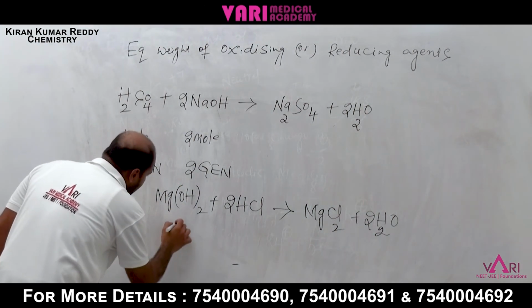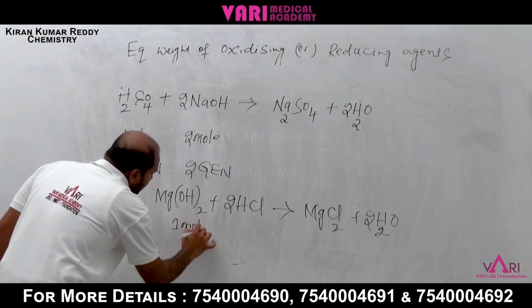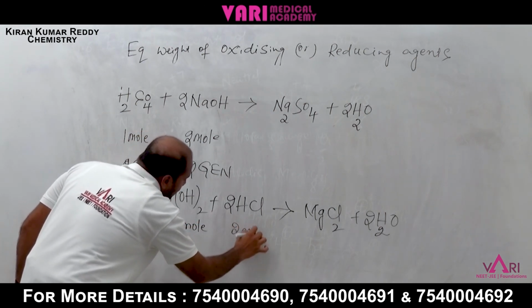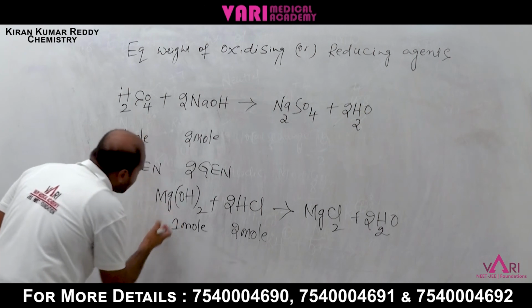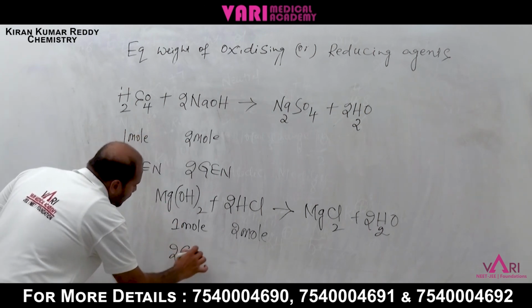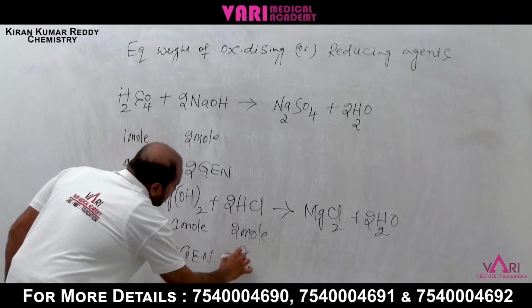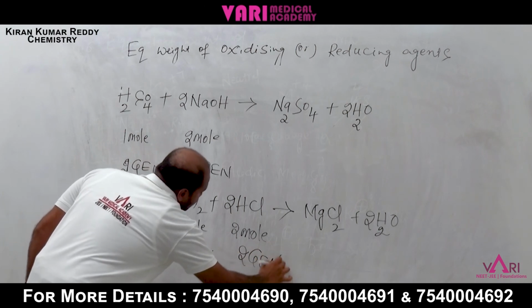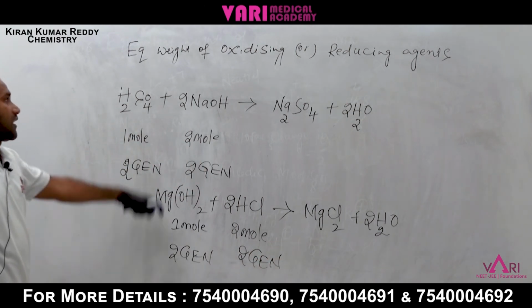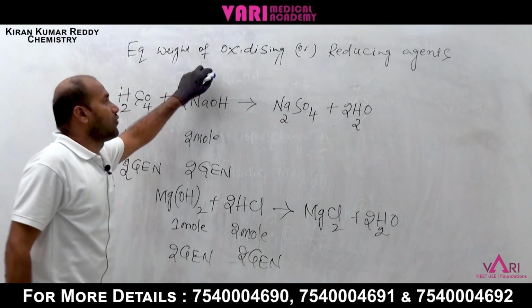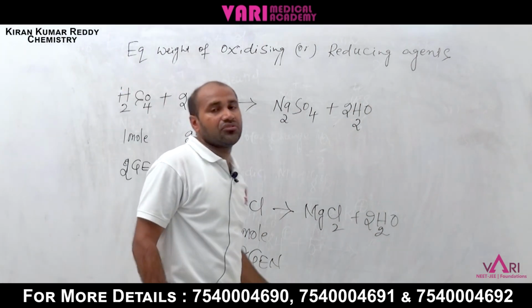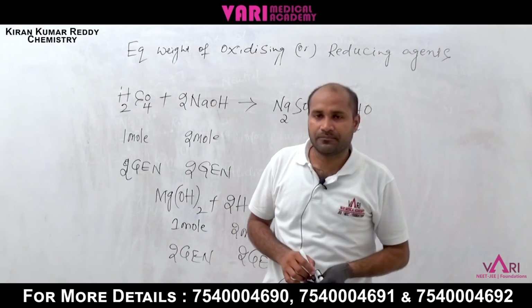Here is 1 mole, here 2 moles. How many gram equivalents? Magnesium hydroxide, as you already know, has 2 gram equivalents, and here also 2 gram equivalents. These are the formulas used while calculating equivalent weights.